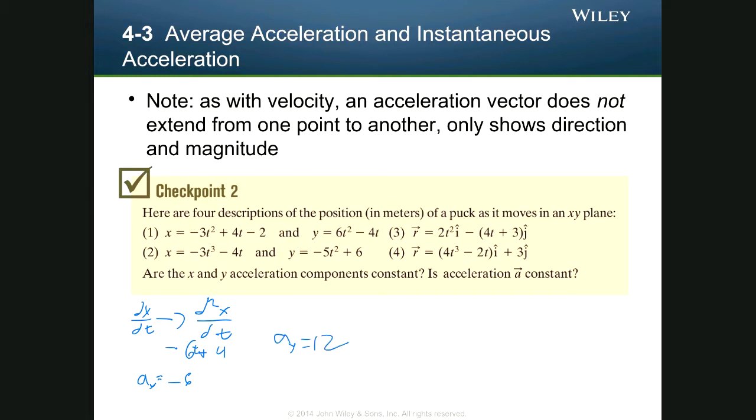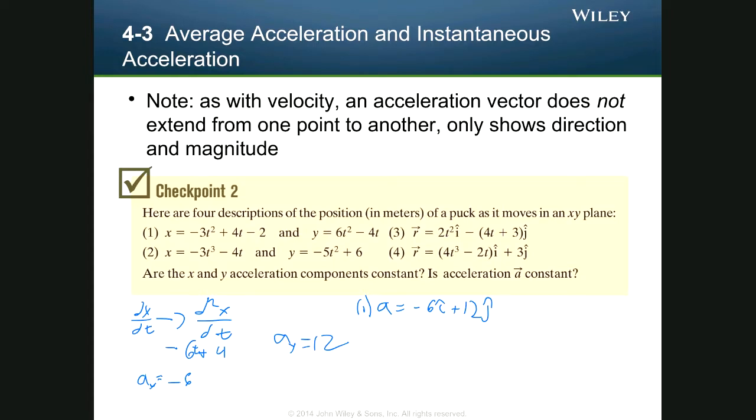See if you can do that. So this is the procedure for 1. Take the second derivative. And for 1, a is equal to minus 6i plus 12j. These are both constant, right? So the acceleration is constant.